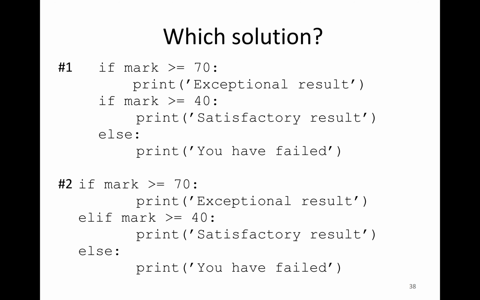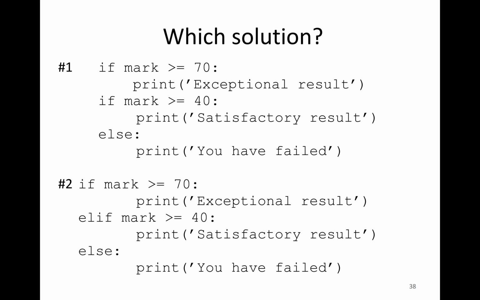Let's say you have 80 marks for your module mark. So you should get A grade. If the A grade is also printed, and just like this in solution 1, B, C, D, all the grades are printed, that is not logical.